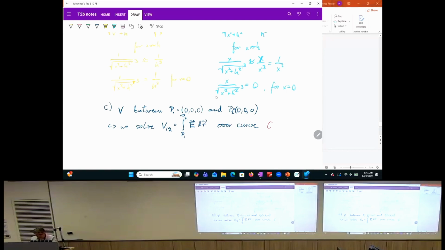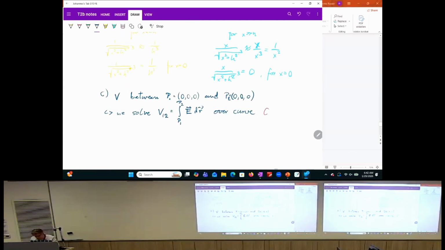So remember, we have here our setup where this is x, this is y. We have our charge q1 at the location h and q2 at the location minus h. And this here was meant to go to the origin. This is P1, and there's some other point P2, and this is our line we integrate along.